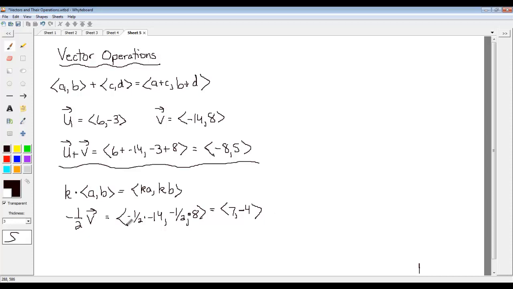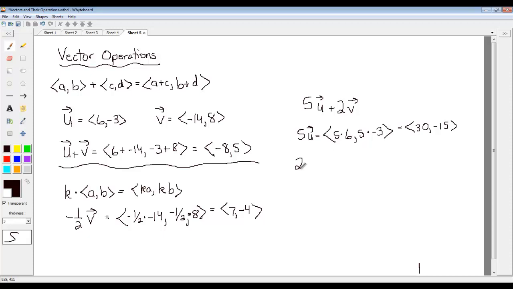Then if you put it together, let's say you had something like 5U plus 2V. For the 5U, you would do 5 times 6 and 5 times negative 3, which gives you 30 and negative 15.